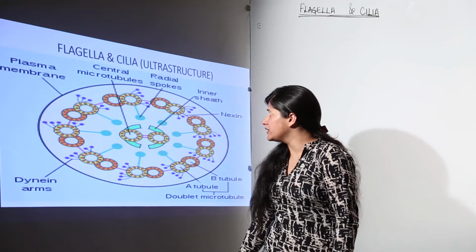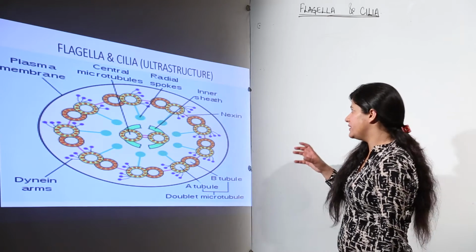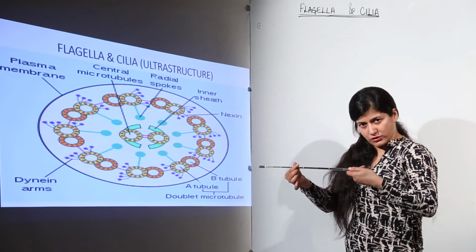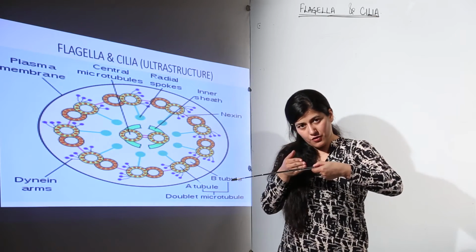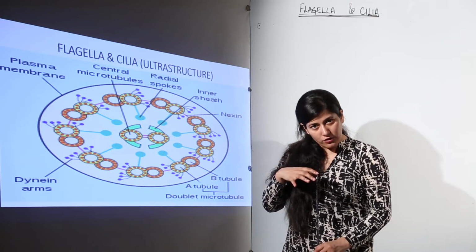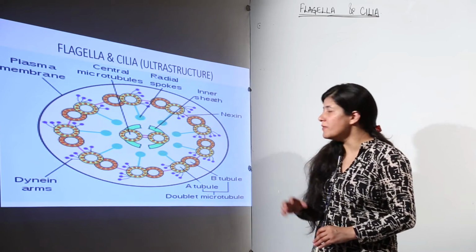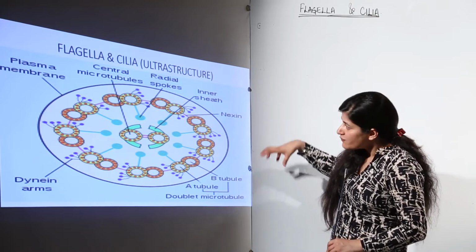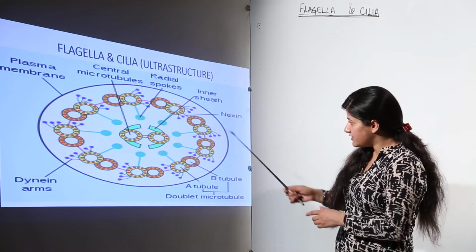Next, we deal with how this flagellum or cilium, supposedly this is the flagellum or the cilia which I am talking about, I cut it from here and then observe it from this angle under an electron microscope. So we get to see this ultrastructure that you can see over here.